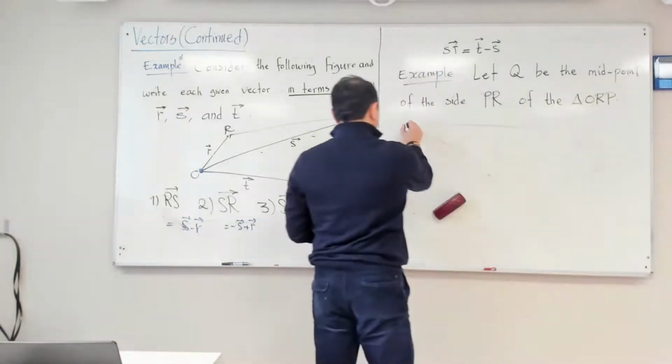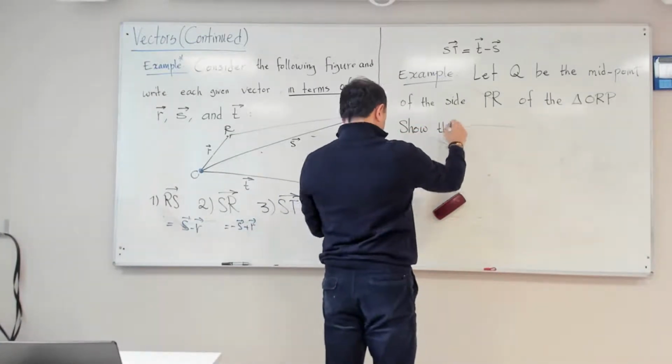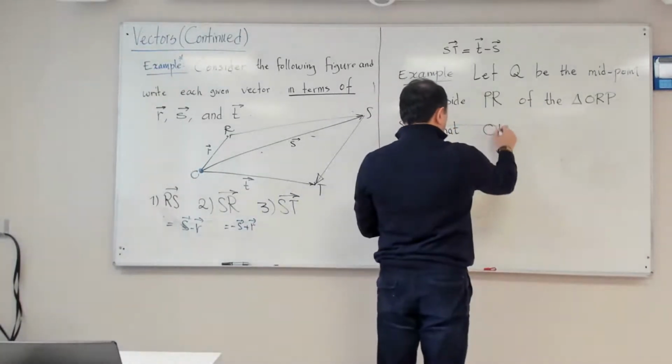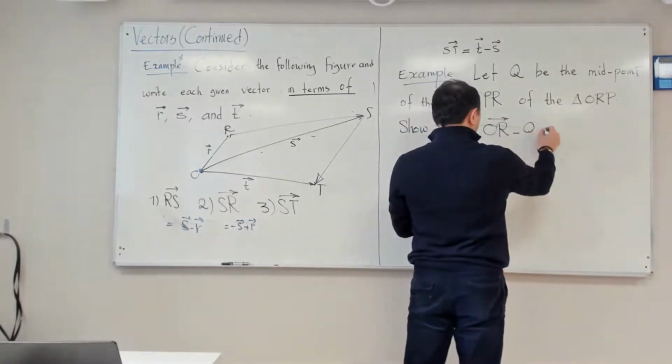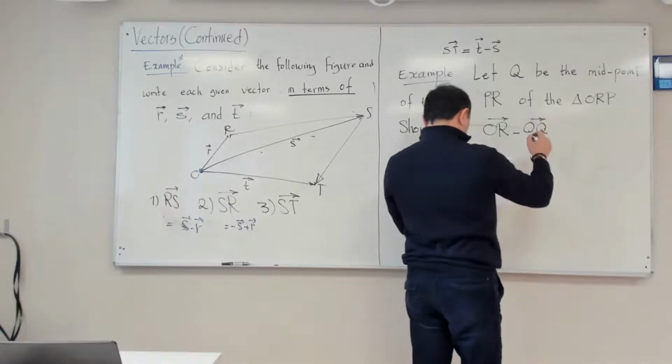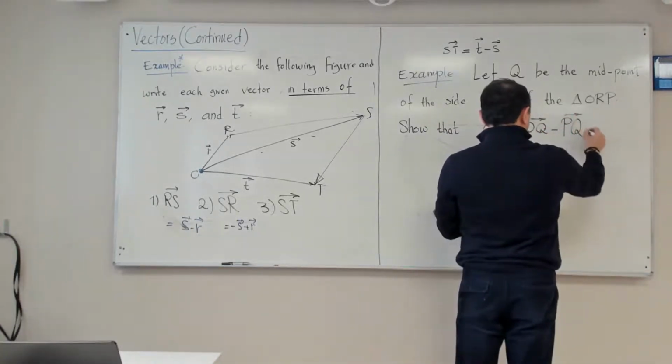Show that vector OR minus vector OQ minus vector PQ is the zero vector.